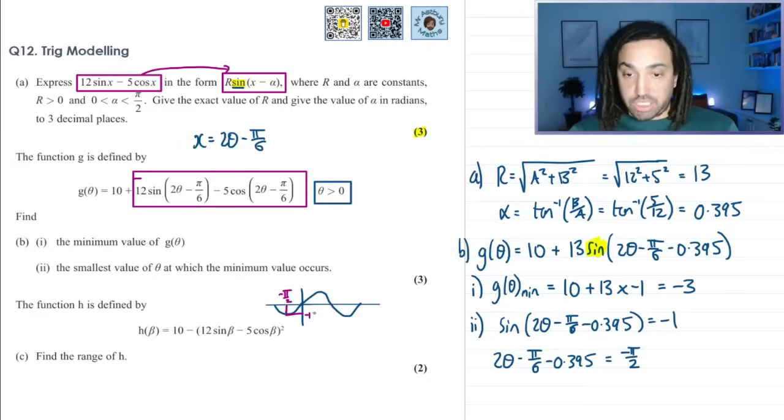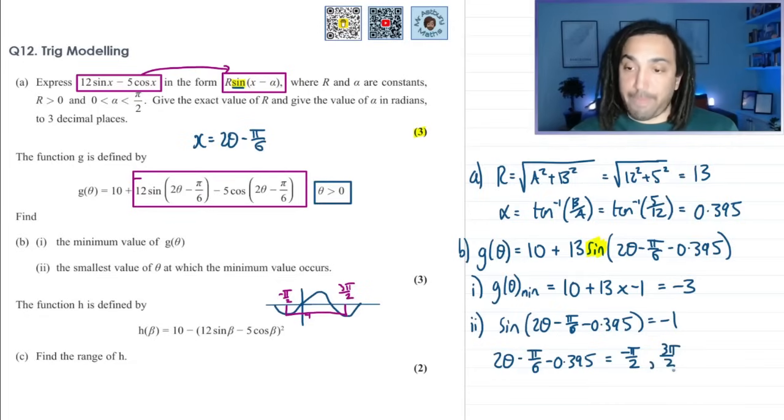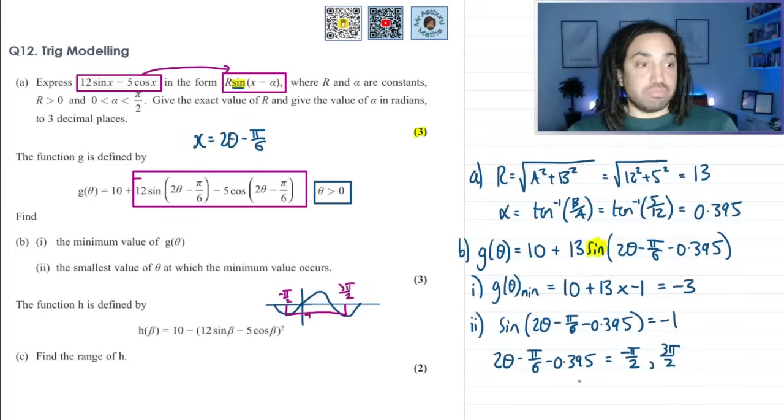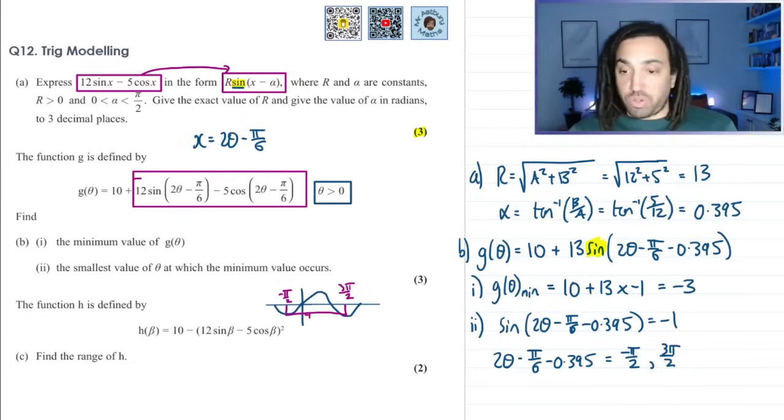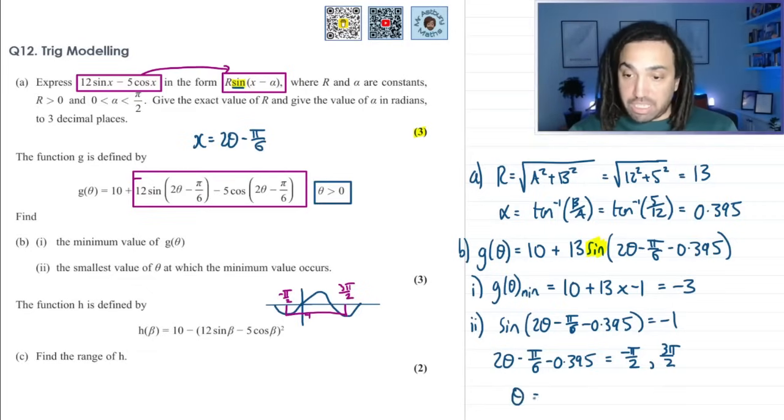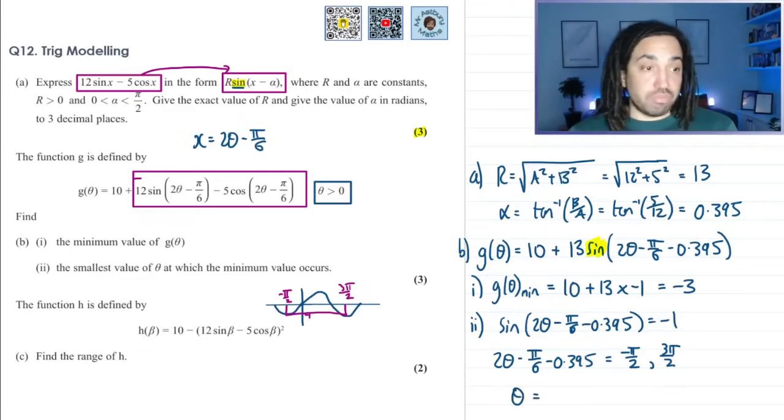Well, let's just toot along and find the next one as well, just because it might be useful. So this will be 3 pi over 2. Okay, so that's an additional solution which we might need to use. Okay, well let's try and solve for theta now. And let's use the minus pi over 2 and see what we get.